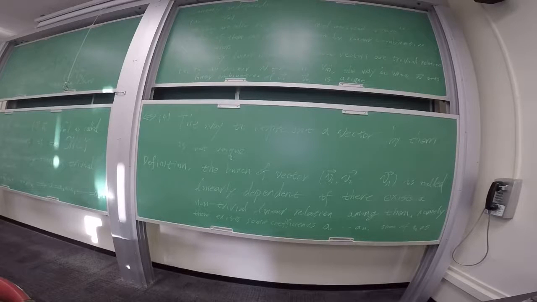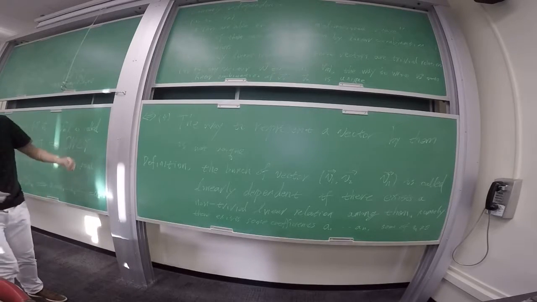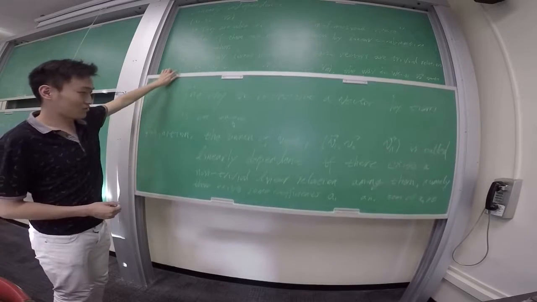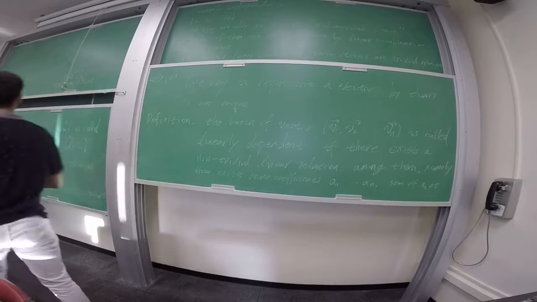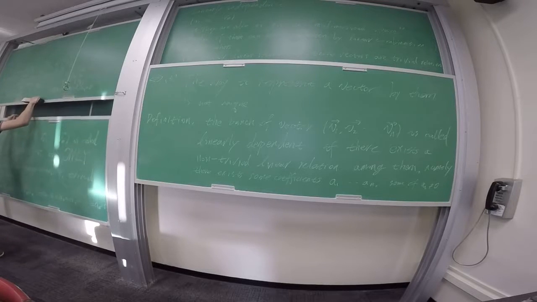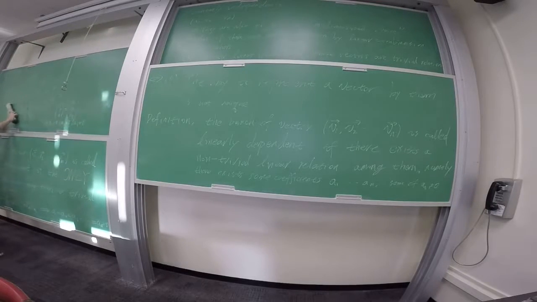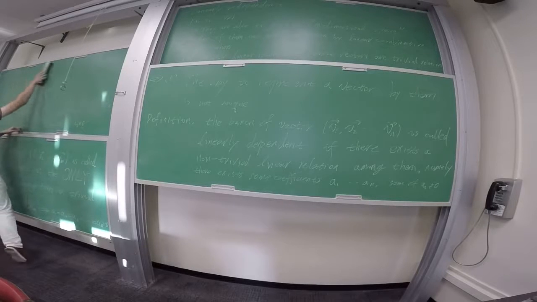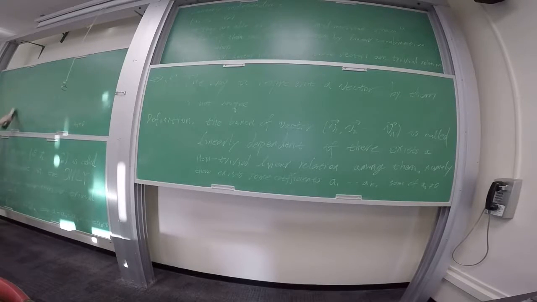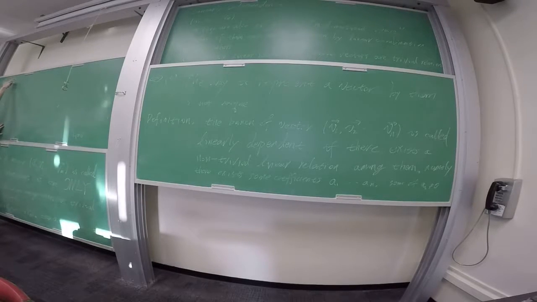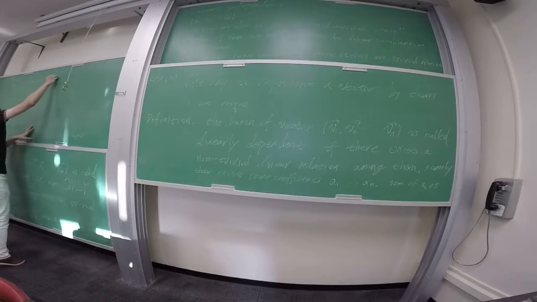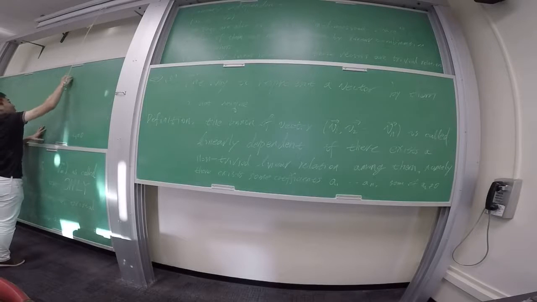So let's do another example. Can I erase this? Let's think about polynomials. I give you a space like what I taught last time, P2, which is defined to be all the polynomials like ax squared plus bx plus c, where a, b, c are all real numbers.